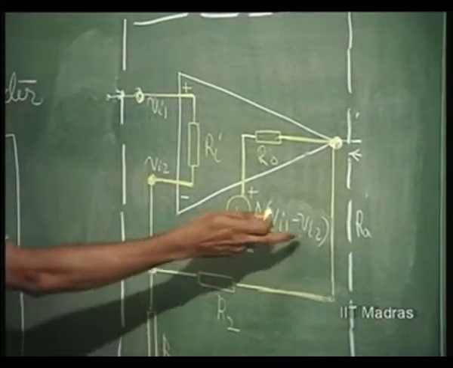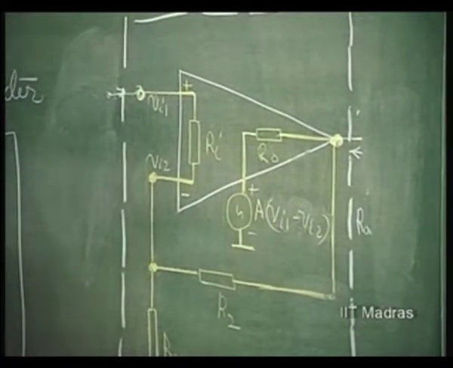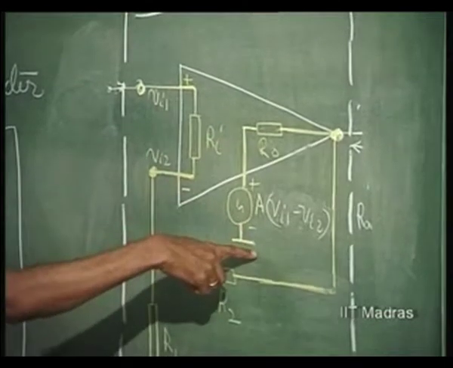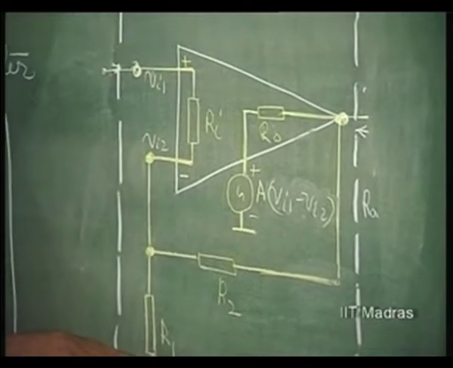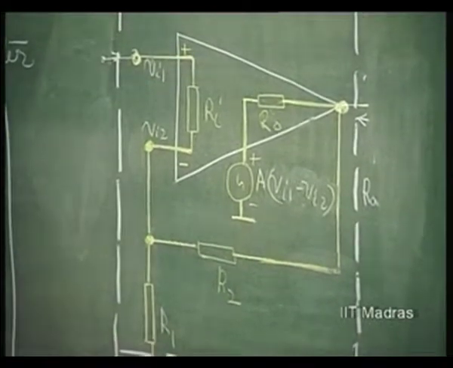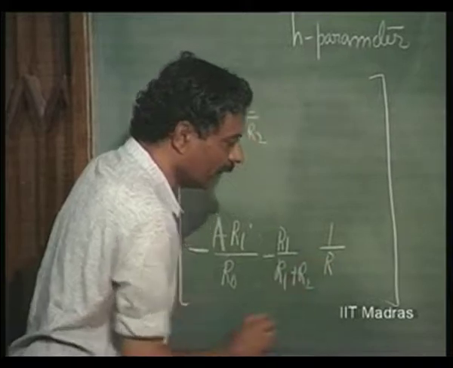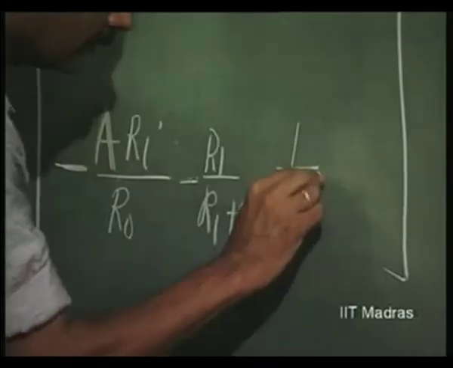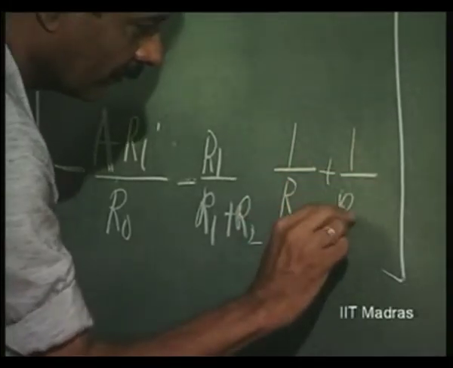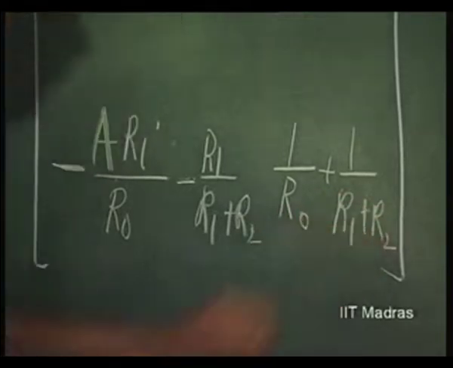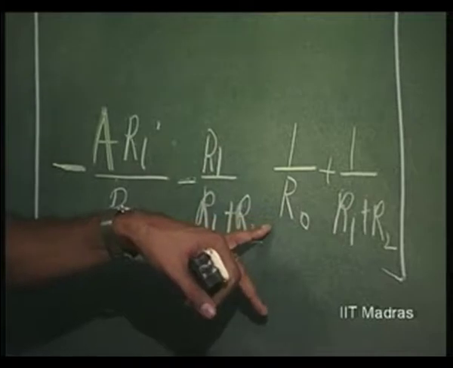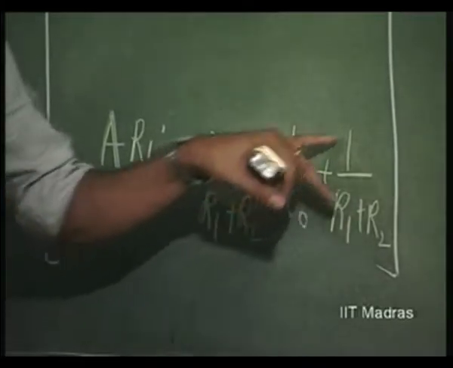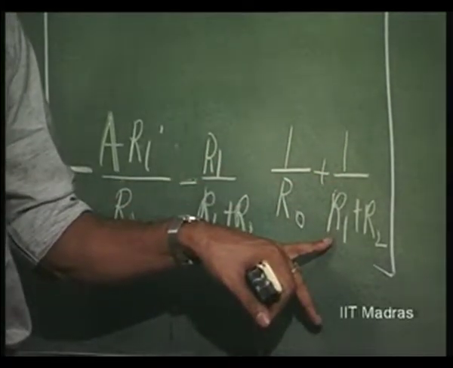So there is Vi1 minus Vi2 equal to 0. So R naught is shunting this. Apart from that, R2 plus R1 is shunting there. So this H naught is 1 over R naught plus 1 over R1 plus R2. This is that of the amplifier output conductance. This is the feedback network output conductance.